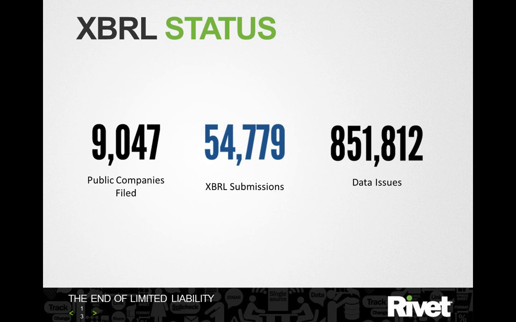Today, about 9,000 companies have filed, about 54,000 submissions, and at the moment we've seen about 851,000 problems. This number seems quite large, but probably over 400,000 of those relate to the three issues we just talked about, and they're pretty easy to resolve. It's just a matter of people focusing on them.